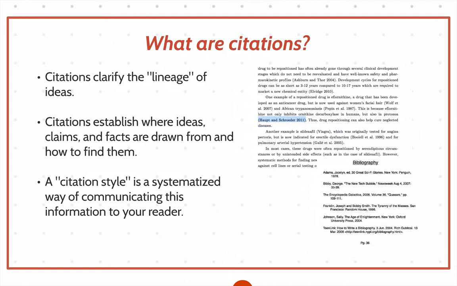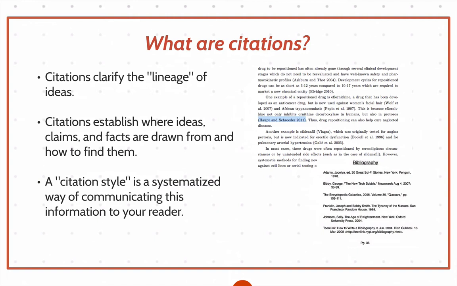Depending on what citation style you use, this will be called references, bibliography, or works cited, right? But that is where you would go with this particular style to find the full citation information for that source. So if you wanted to find it, you could go and track it down.